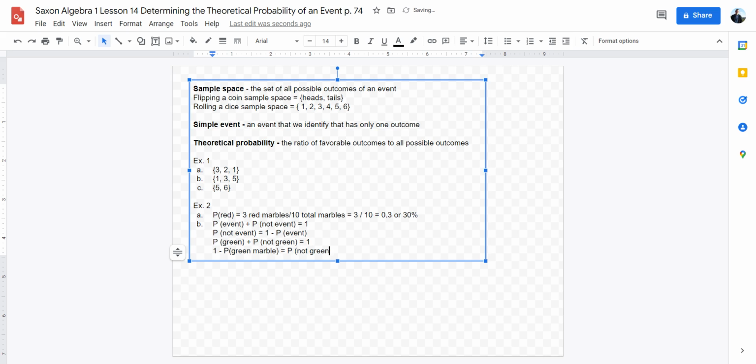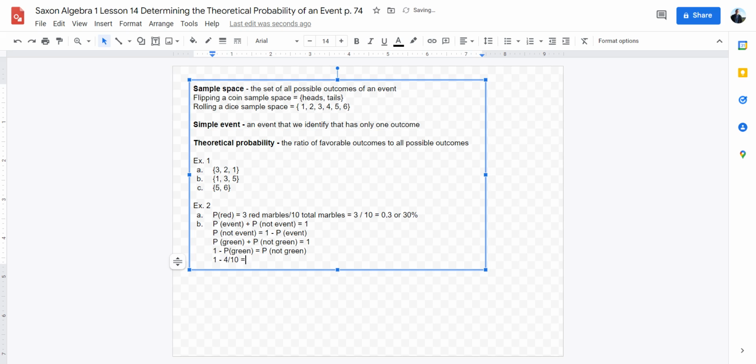Probability not green, okay? I need to be consistent with my wording here. There we go. Okay, so what is the probability of choosing a green marble? I'm going to do 1 minus the probability of a green marble. Well, there's 4 green marbles, so it's 4 over 10 for choosing green.